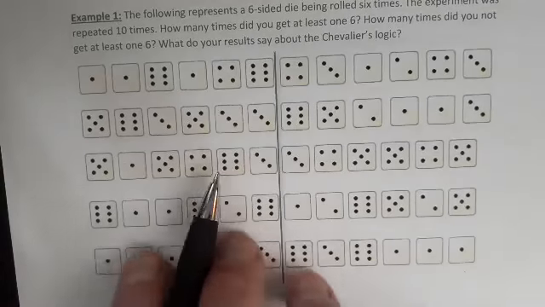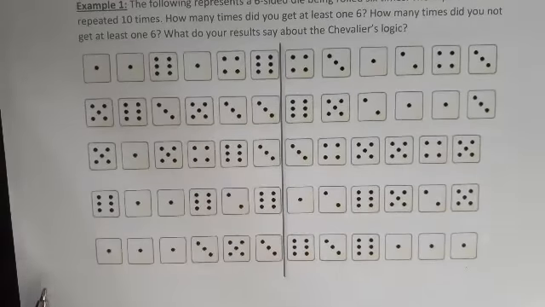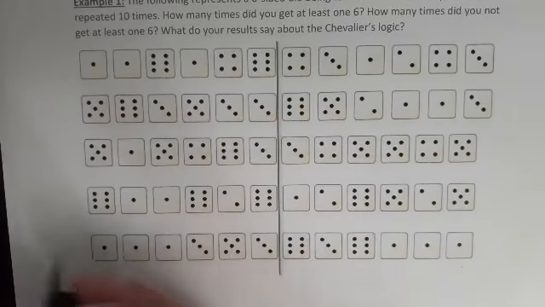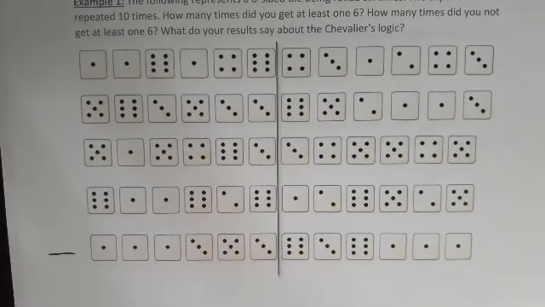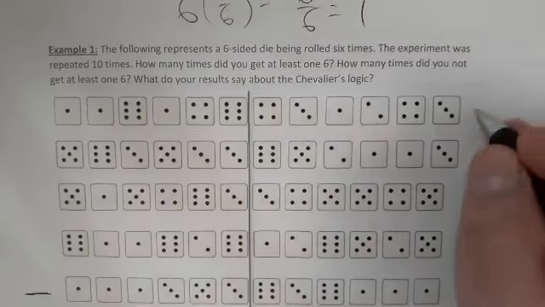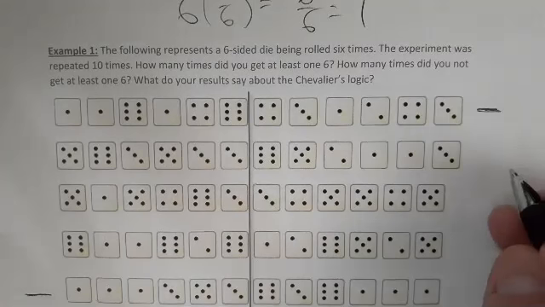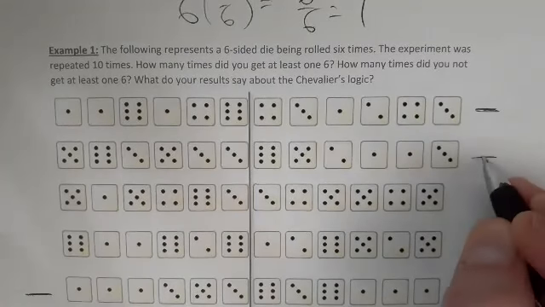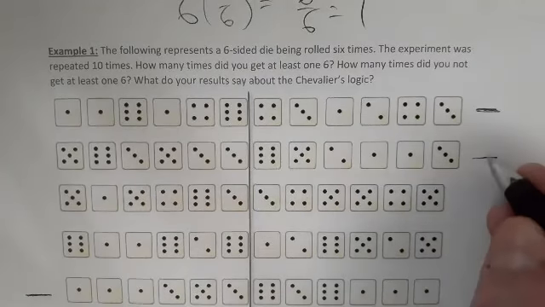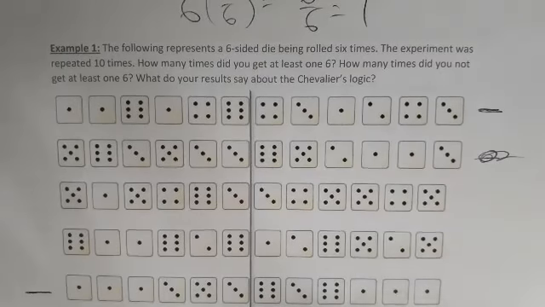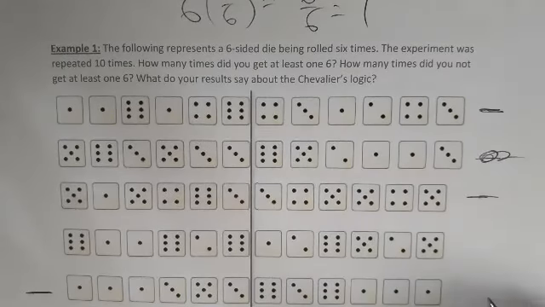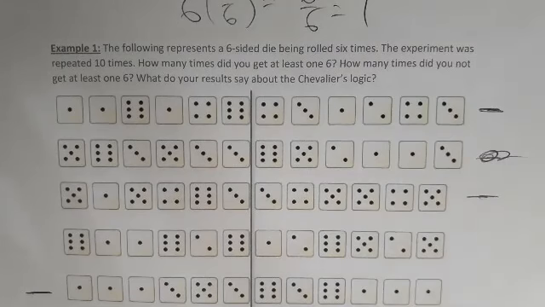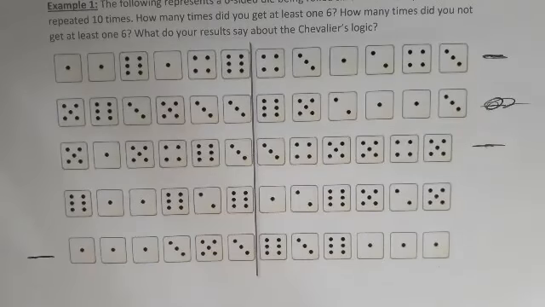Looking across, this one has a 6, this one has a 6. This one has no 6s. This one has no 6s. Oh, no, that one has a 6. This one has no 6s. And this one has a 6, this one has two 6s. I believe there are 3 of them that I put a tick mark next to.